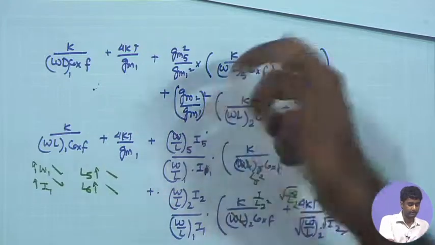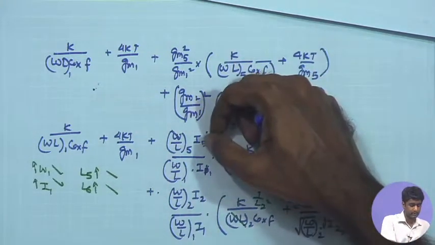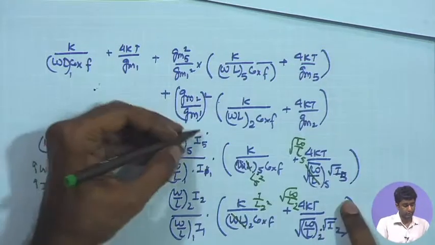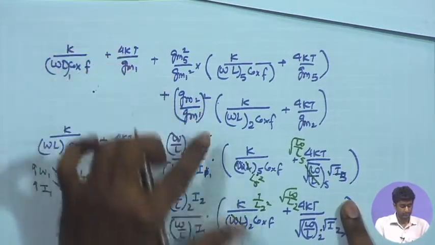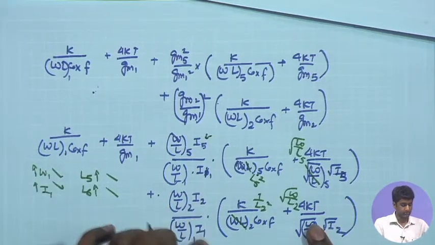But you remember that the I5 upon I1 ratio is not in our control. So, I5 is anyway going to be greater than I1. If you make I5 close to I1, allowing a smaller current to flow in I2, then you have this term overall getting reduced.